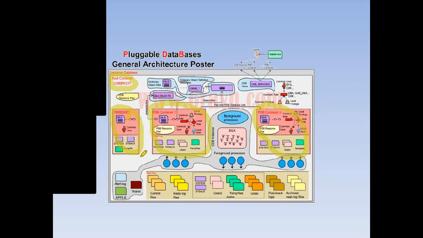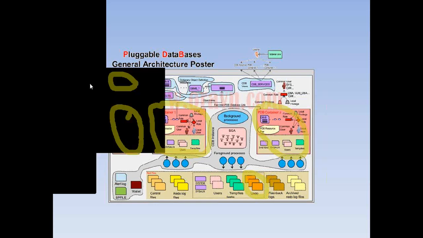And the pluggable databases will have separate system, sysaux, users and temp tablespaces. But the change is that the undo tablespace is shared among the entire container database, meaning among all pluggable databases. We'll start with the next slide where you'll be able to see the main change.